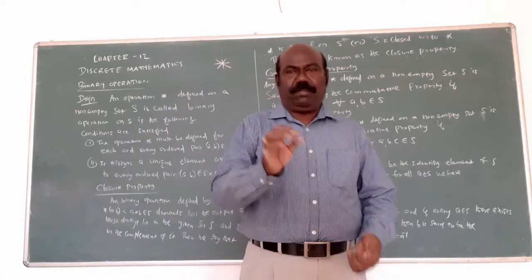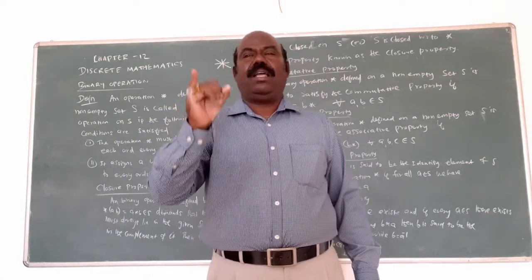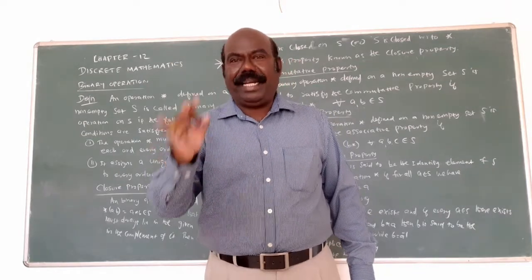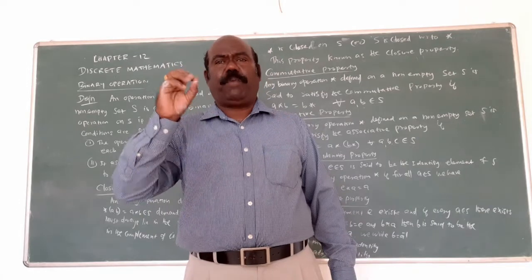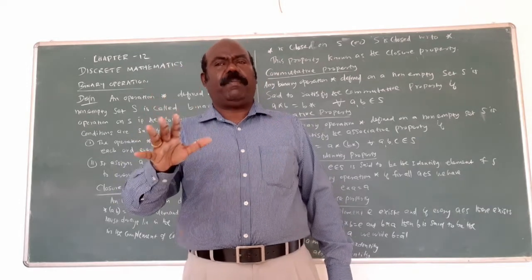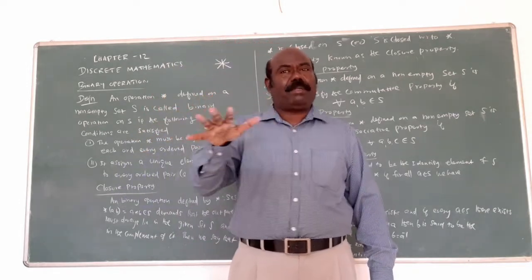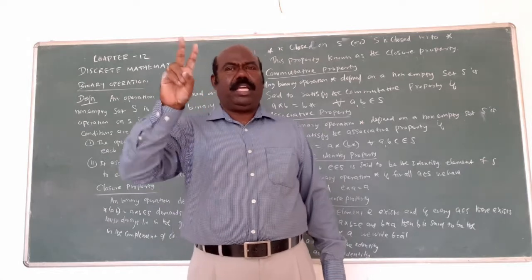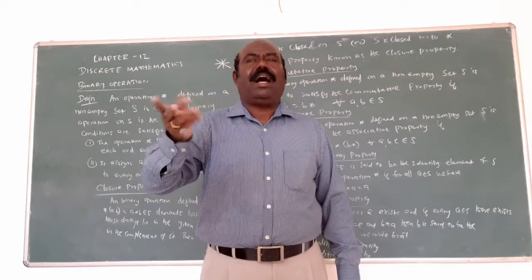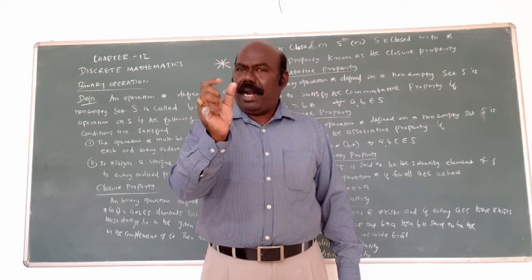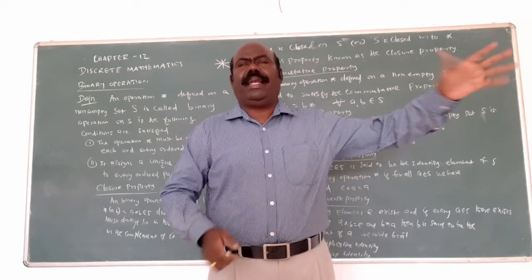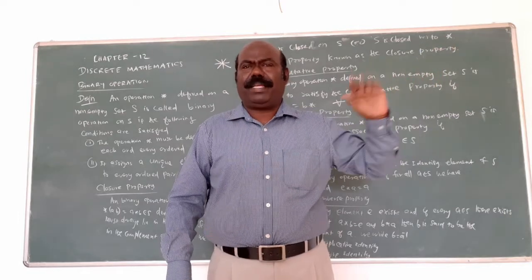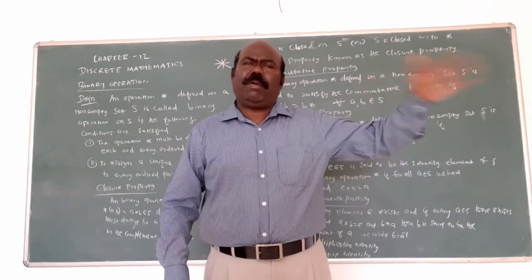So, the simple concepts: closure, associative, identity, inverse, commutative. Totally we have 5 properties. You must know the meaning of the properties. Closure means you take elements and a binary operation, with respect to addition, subtraction, multiplication, division, whatever may be given.